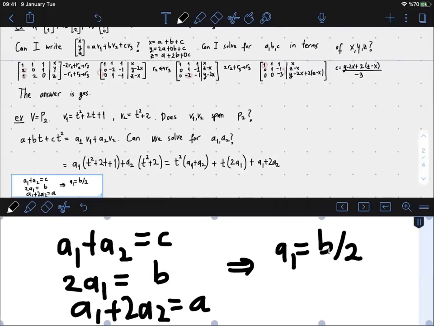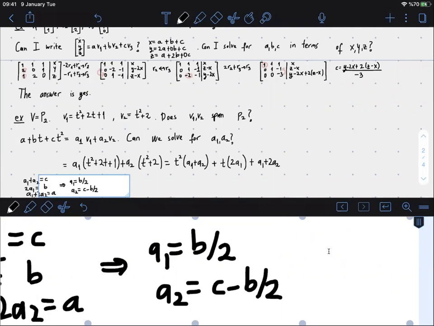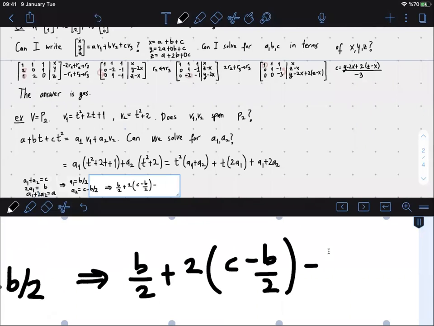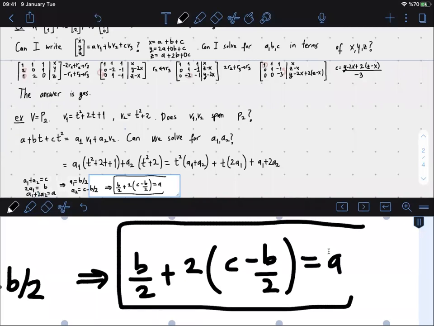From the first equation, a2 should be c minus b over 2. Now the last line gives a condition: a1 plus 2a2, which is b over 2 plus 2 times (c minus b over 2), should be a. If this condition is satisfied, then that polynomial is in the span. But if it is not satisfied, that polynomial is not in the span.